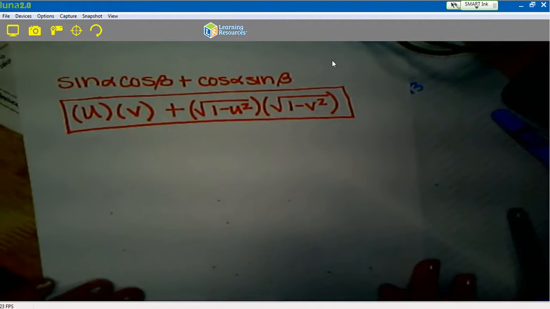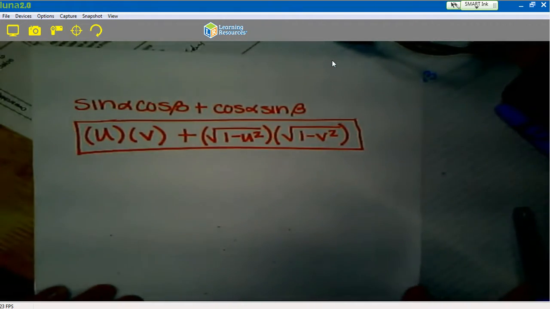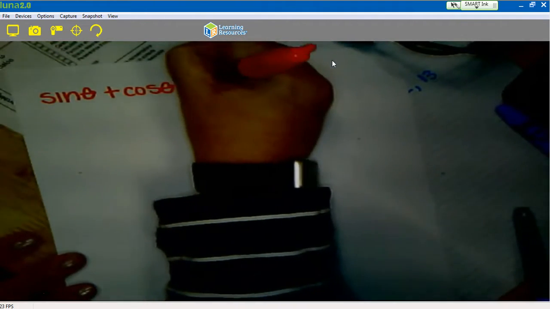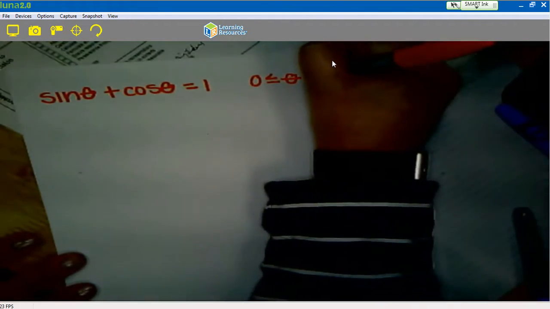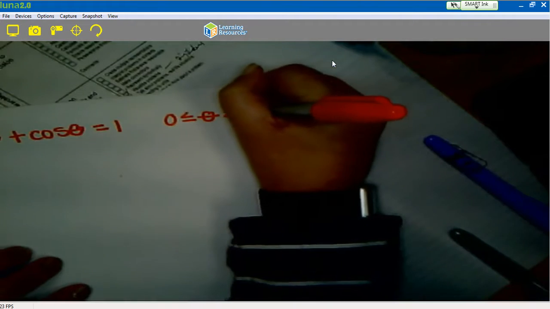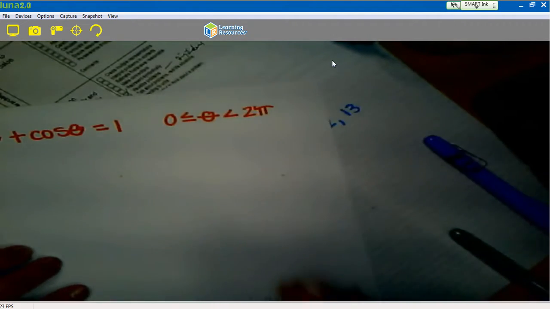All right, we're going to do one more. And it's to solve sine theta plus cosine theta is equal to 1, where 0 is less than or equal to theta, which is less than 2 pi.